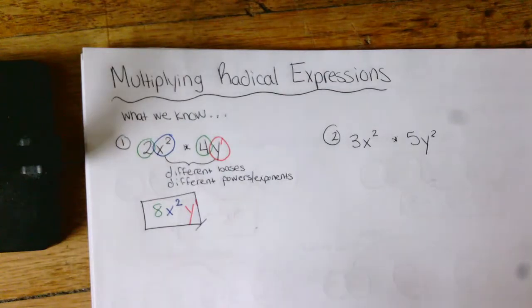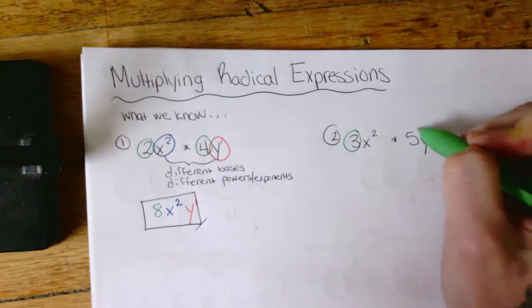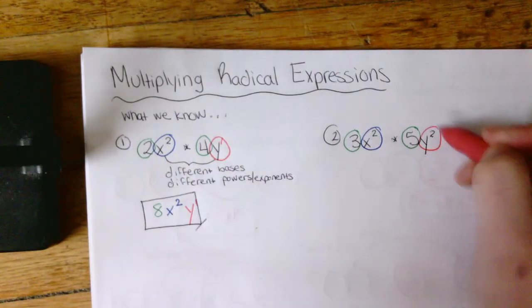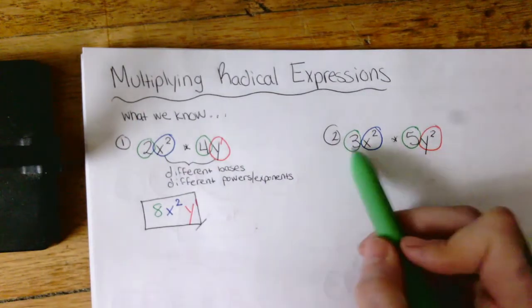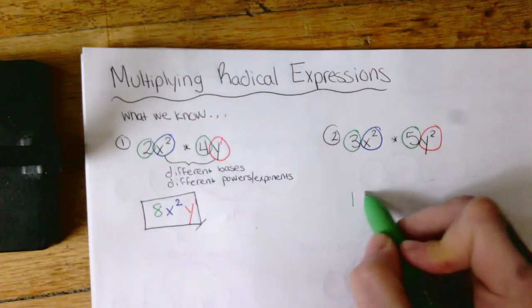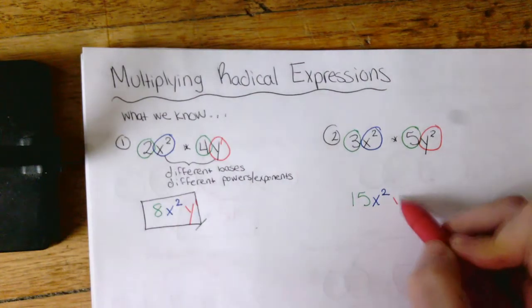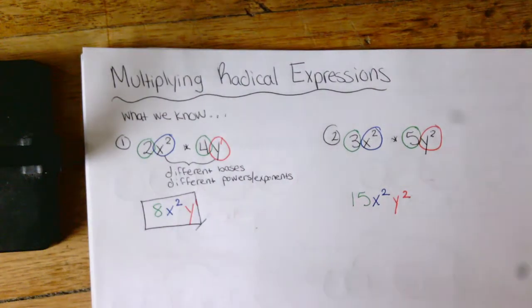If I do the same thing for number 2, I'm going to find my numbers, my x variables, my y variables, and I'm only going to multiply the numbers together. My x squared stays the same. My y squared stays the same.